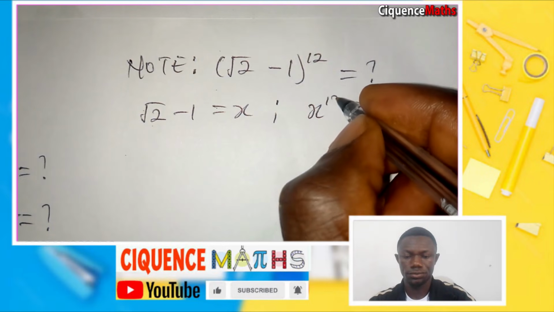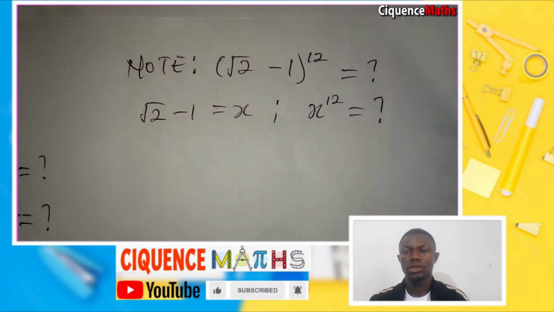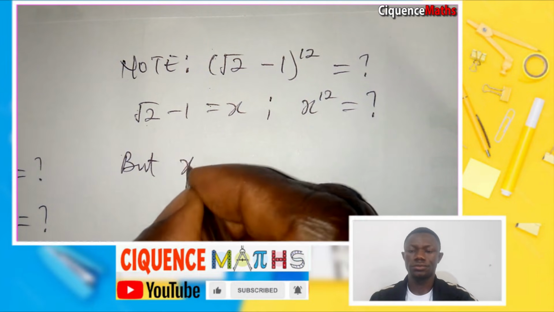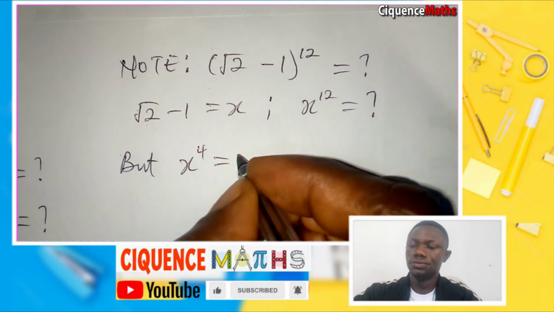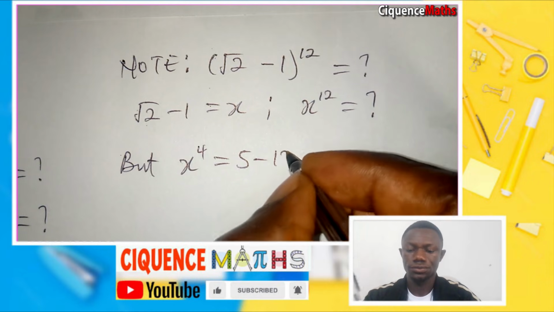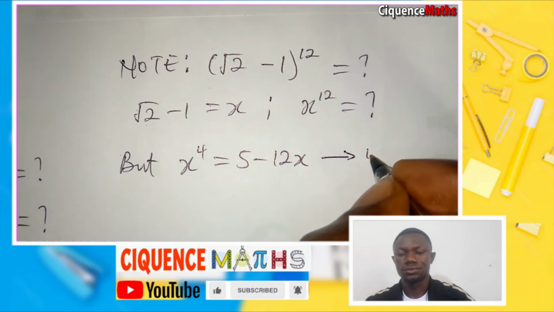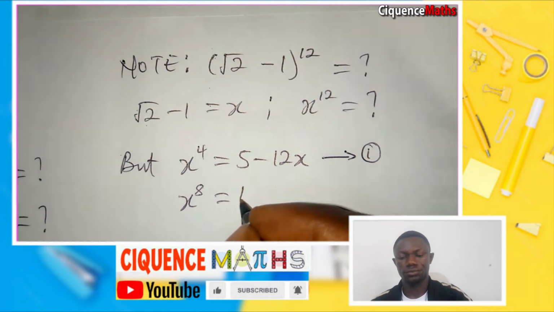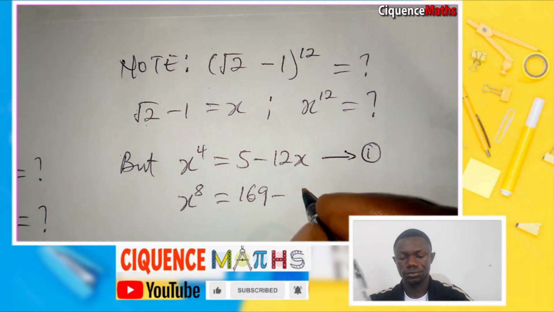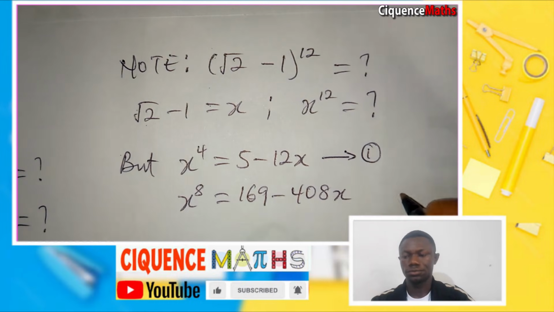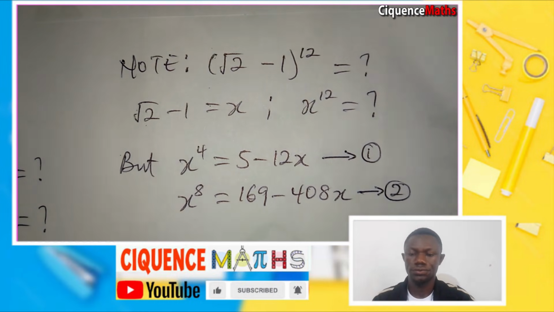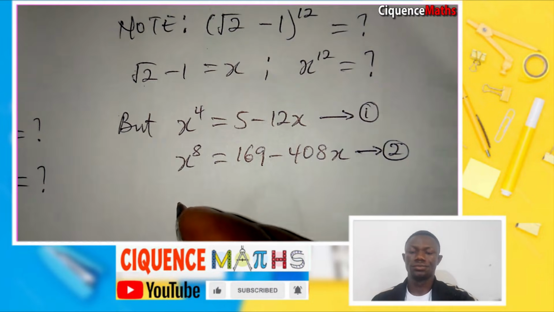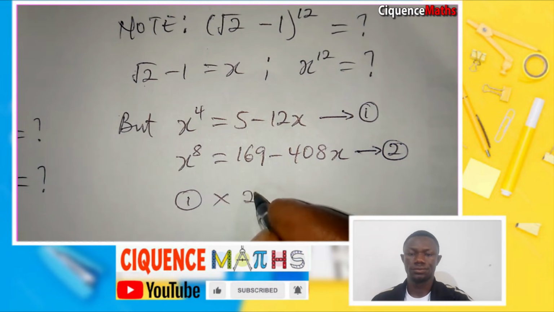We have x exponent 4 to be 5 minus 12x, and x exponent 8 to be 169 minus 408x, equation 2. So multiplying equation 1 and equation 2, we will get x exponent 12.